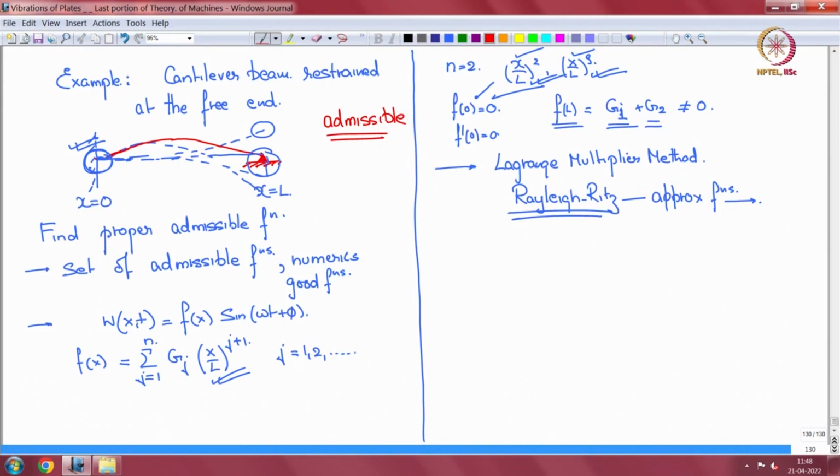Now that same system is slightly modified, in the sense that earlier it was this cantilever beam, but now it is a cantilever beam restrained at one end.